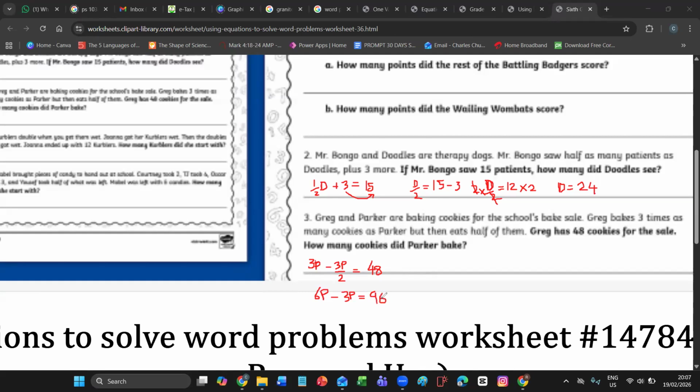So I'm sure you can see what we'll do next. The like terms are already together. So 6p minus 3p is 3p, right? Yes, sir. So that's 3p equals 96.